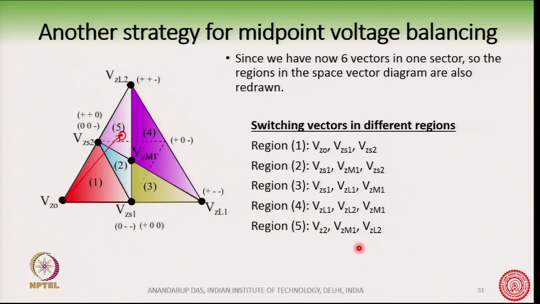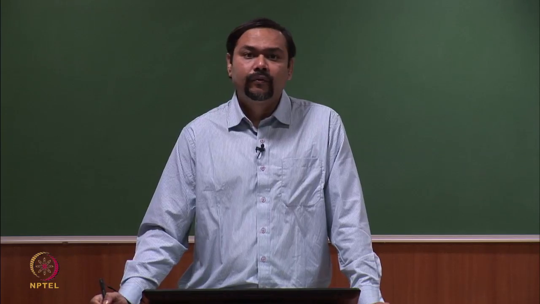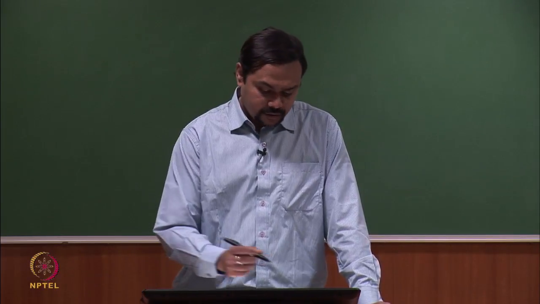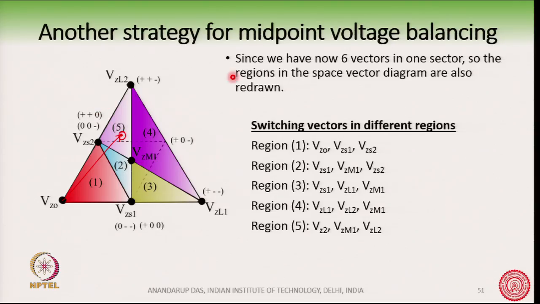So, if the reference vector is here, it is in region 5, we will switch Vzm1, Vzl2 and Vzs2. Okay. Now, again the same principle of volt second balance we will apply here also. So, we will see that by applying volt second balance we can realize the reference vector.